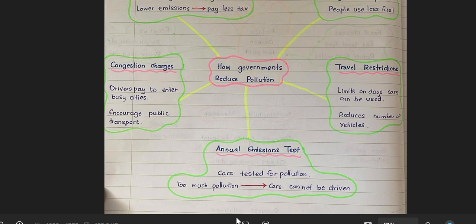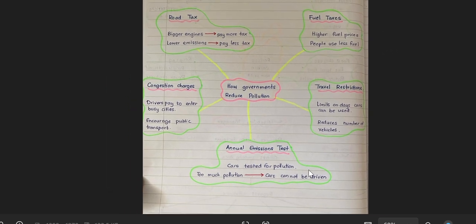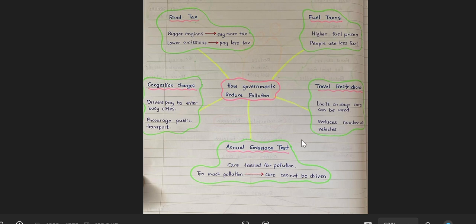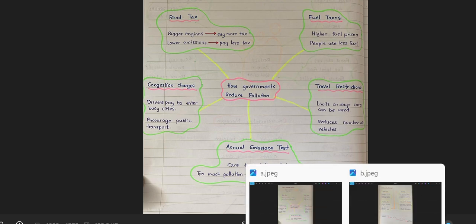If there's too much pollution, then they can say that the test is failed and this will not allow the cars to be driven, right? So these are some ways that government can influence the way how the pollution is affecting people. So these methods, they can contribute to the reduction of pollution.